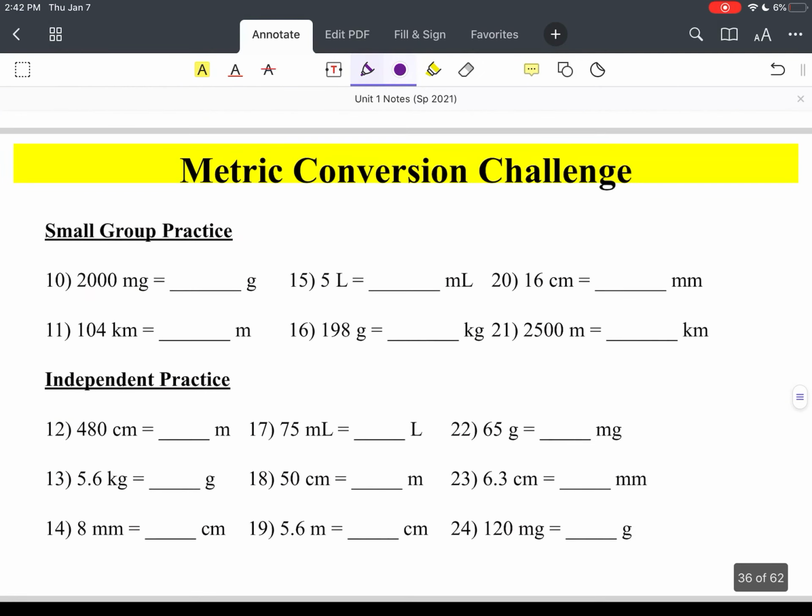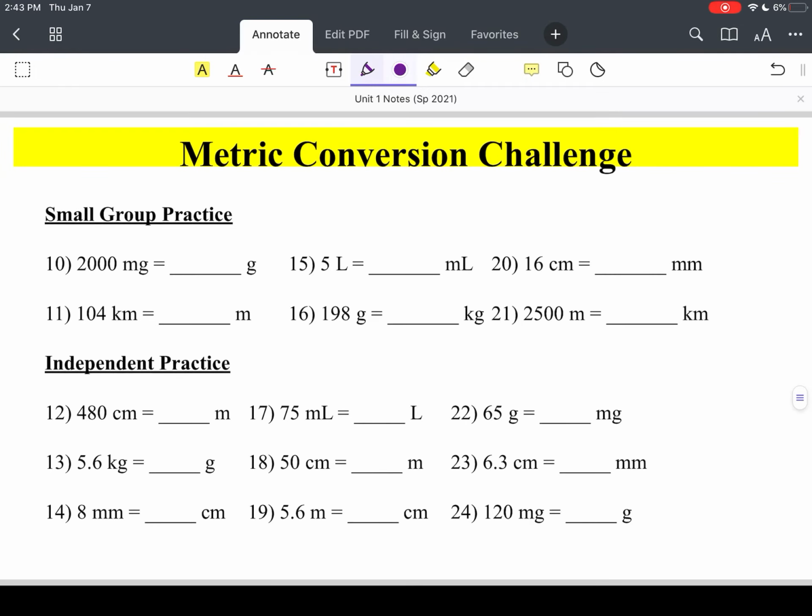All right, you're going to get some more practice on this page. You don't have to necessarily do these right here on the notes page, because you're going to get practice on the other pages of this online activity.